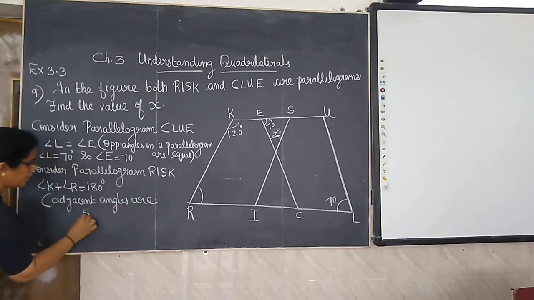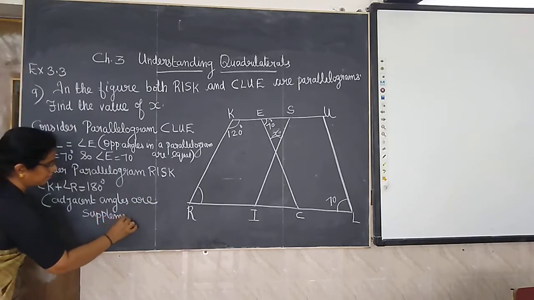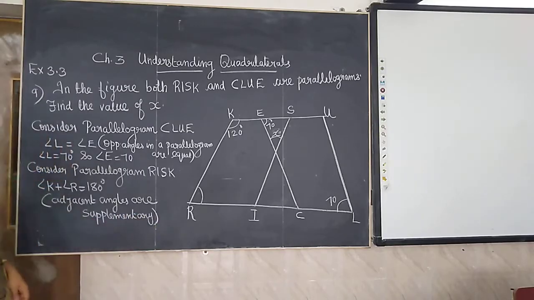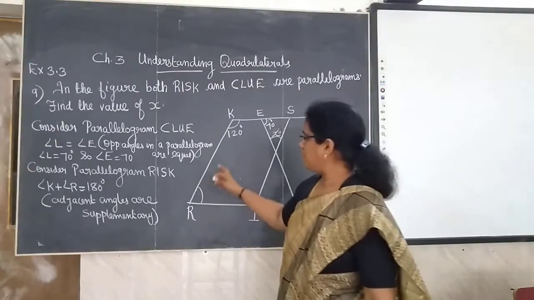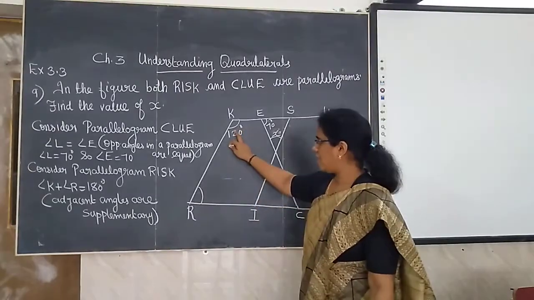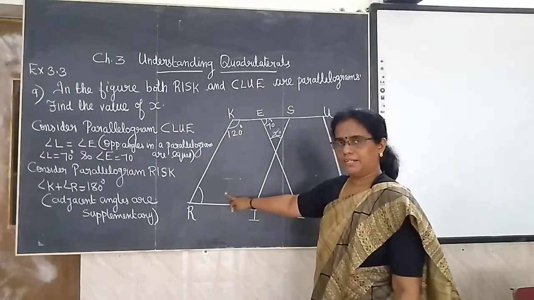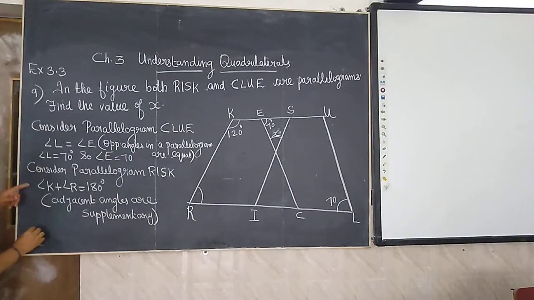Supplementary means the sum will be 180 degrees. Adjacent angles are supplementary means their sum will be 180. That is, angle R plus angle K equals 180. So from here we can write angle K is 120.